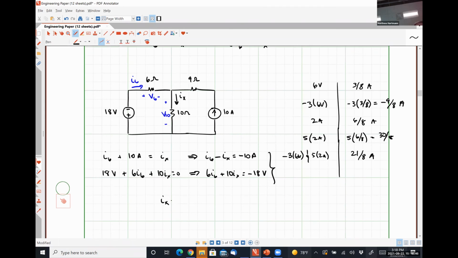What do I get? IX. So throw it into your system solver. The only changes you have to make here are obviously the constants at the end, and tell me what it comes out as.